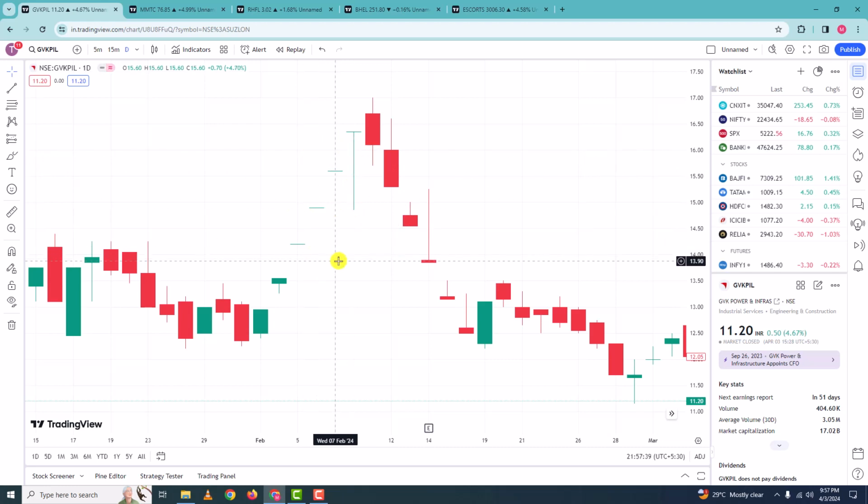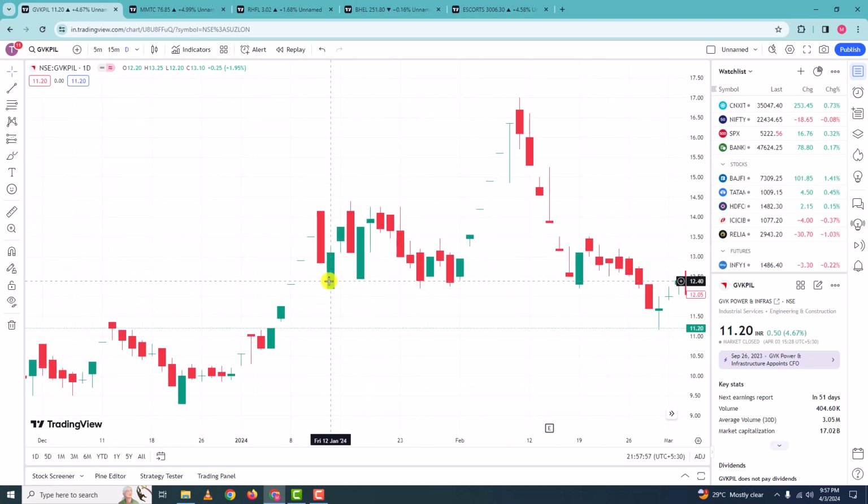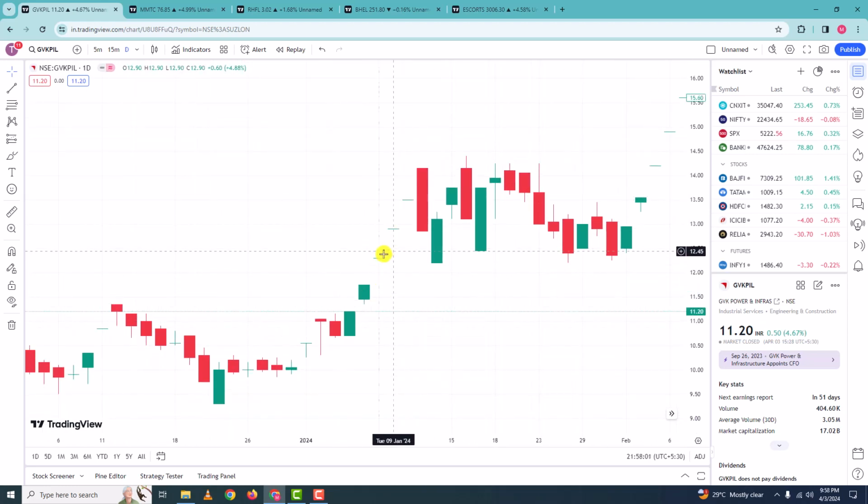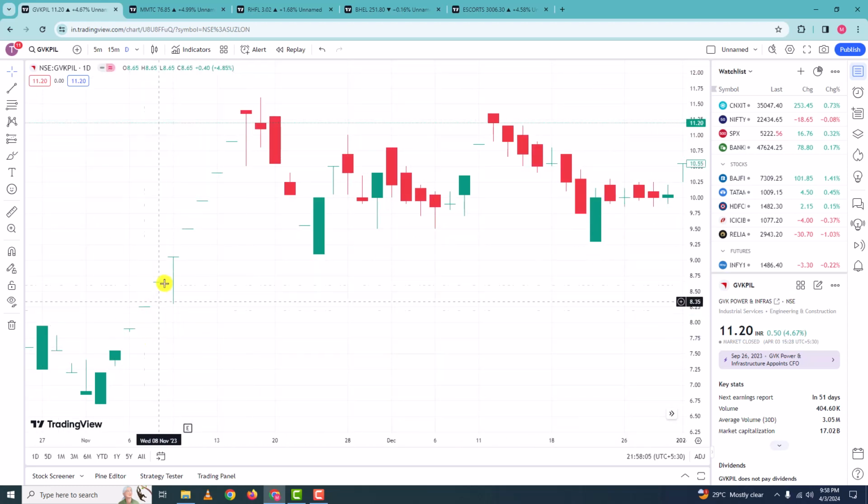Now, what is upper circuit, what is lower circuit, do not worry about it. But see, this is not a candle, this is just a line, and we do not want lines like this in our candlestick chart. If you see here, you can see many horizontal lines.